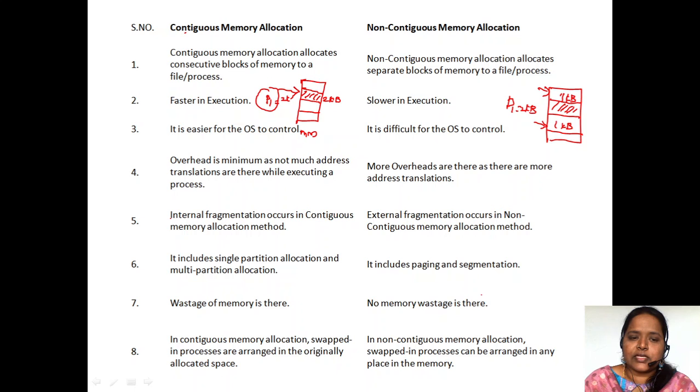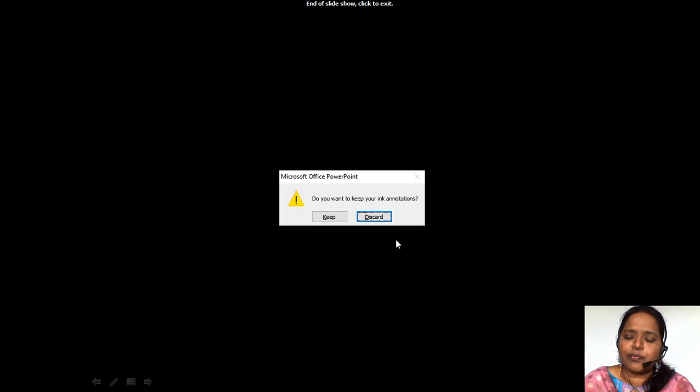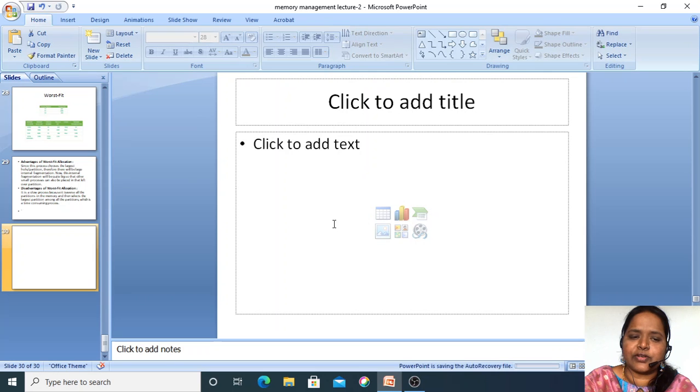This internal fragmentation and external fragmentation is very, very important. So let me tell you clearly what you mean by internal fragmentation and what you mean by external fragmentation. Fine.